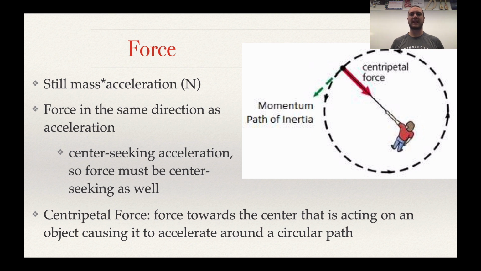The force being center-seeking is at 90 degrees. It is perpendicular to the tangential velocity of the object moving in the circle. That perpendicular relationship between the force and the velocity is what causes that circle to be created. So again, our centripetal force is that force that is going towards the center that is causing it to accelerate towards the center of the circle.